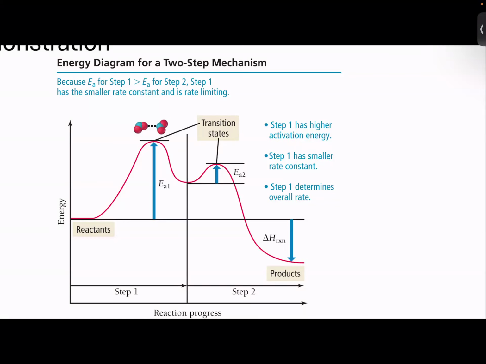Since this is the reaction progress, moving from left to right, that means that our reactants start out on the left, and we ultimately end with our products on the right.